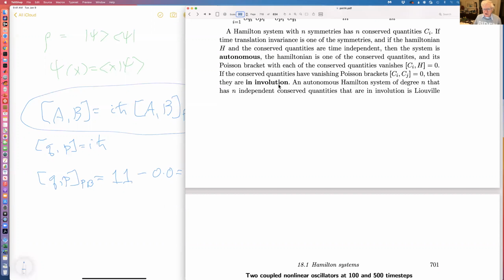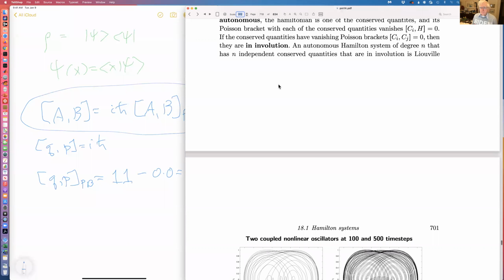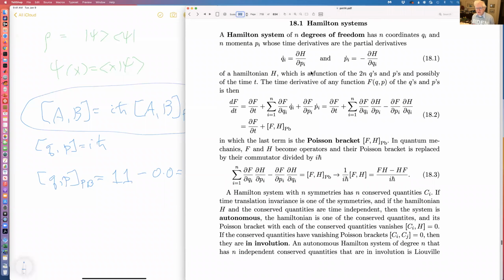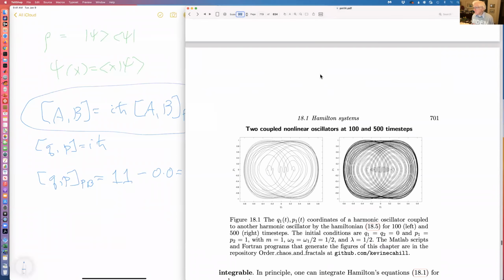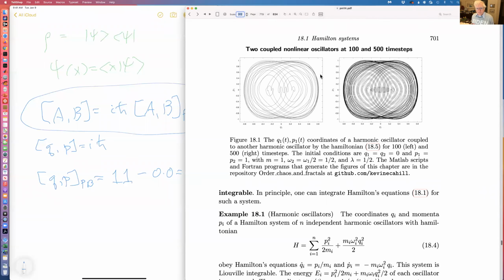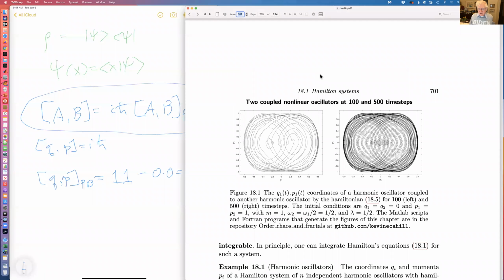That's the technical phrase. An autonomous Hamilton system of degree n has n independent conserved quantities that are in involution, and that's then said to be Liouville integrable. In principle, one can integrate Hamilton's equations for these systems. This, of course, is something that isn't necessarily possible for an arbitrary Hamilton system.